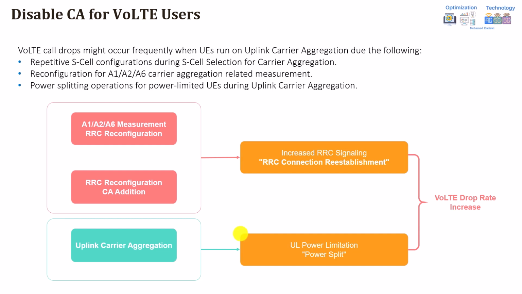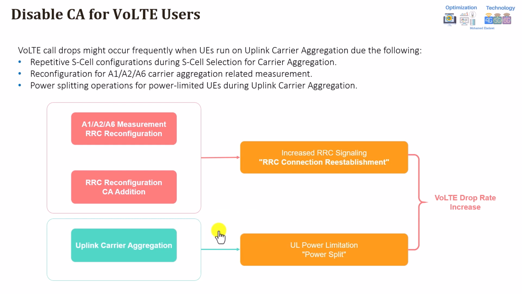It will be around 20 dB. And assuming you have 3 carriers, it will go even to 17 dB. So uplink carrier aggregation in general will limit the uplink transmitted coverage for the users. This can also be reflected in the coverage. That's why it's usually recommended to disable carrier aggregation when using VoLTE calls.